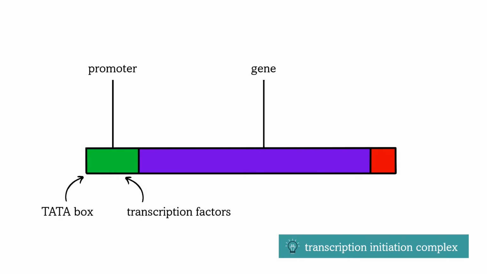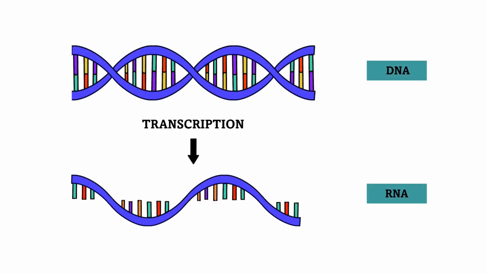RNA polymerase synthesizes the RNA until it reaches a certain sequence called terminator, where it stops and releases the new RNA. Because it transcribed only one DNA strand, the RNA is single-stranded.